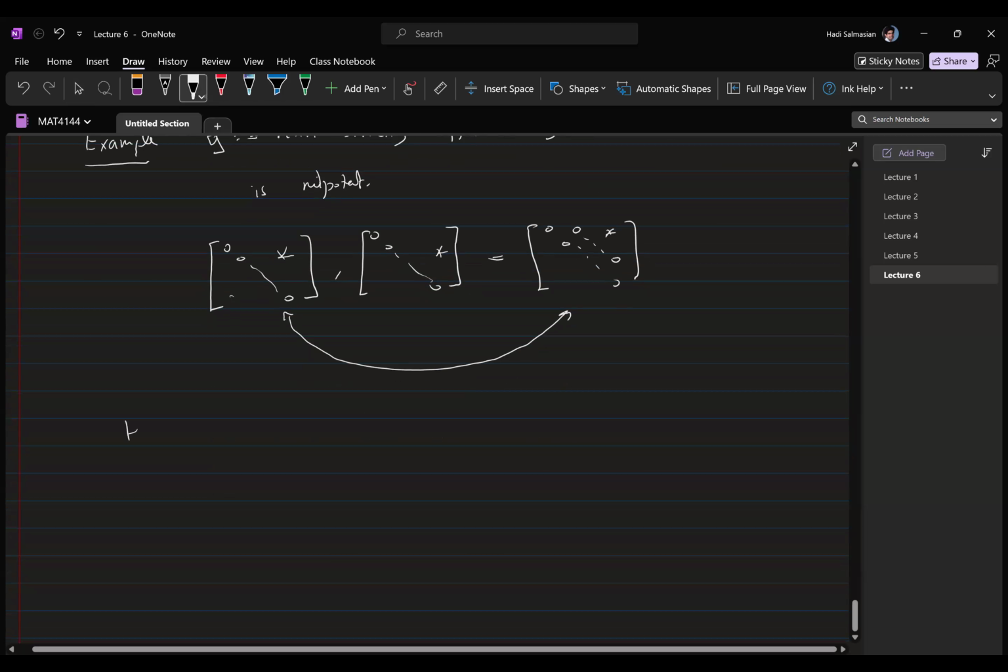So, however, the Lie algebra of upper triangular matrices for n at least 2 is solvable but not nilpotent.